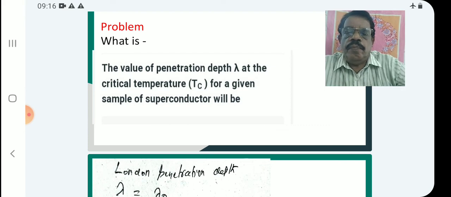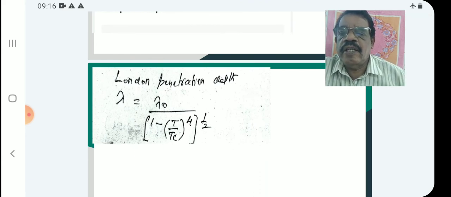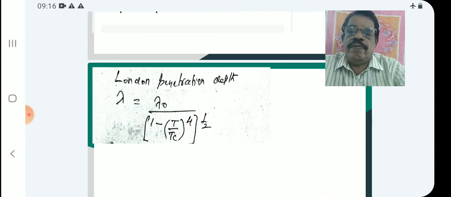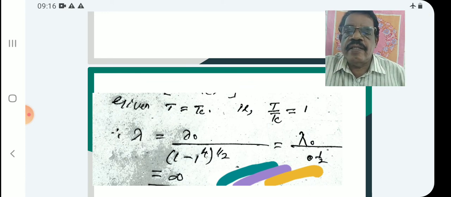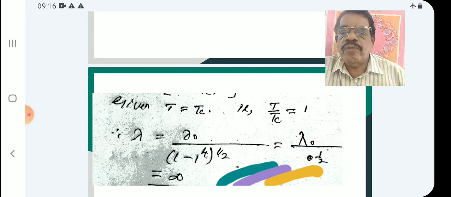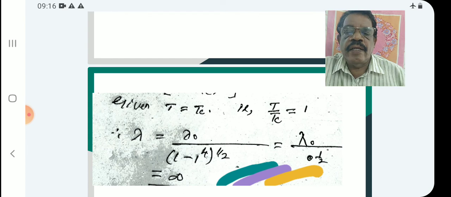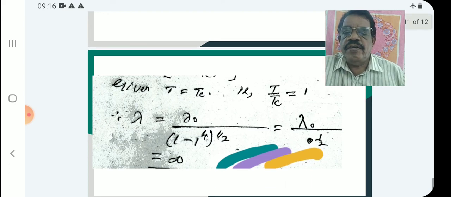And that we do. London penetration depth lambda is lambda 0 by 1 minus (T by Tc) raised to 4, raised to half. Given T is Tc, that is T by Tc is 1. So when we put the value in the equation, lambda 0 by 1 minus 1 raised to 4, raised to half, that is lambda 0 by 0 raised to half, that is lambda 0 by 0, which is equal to infinity.